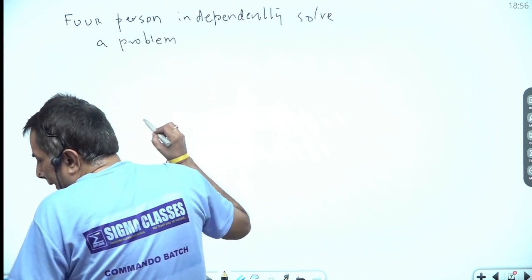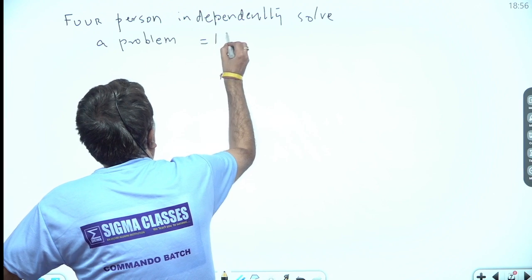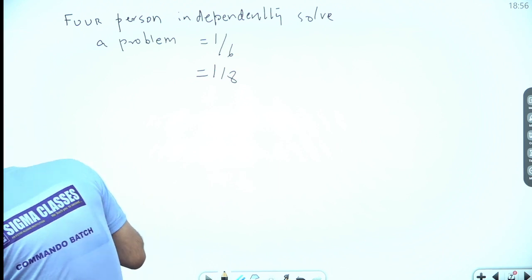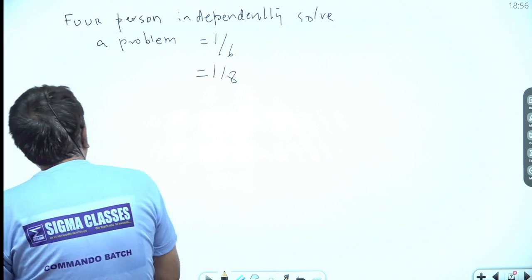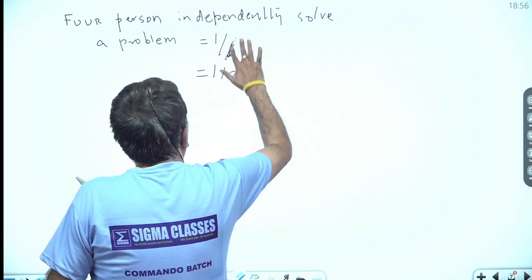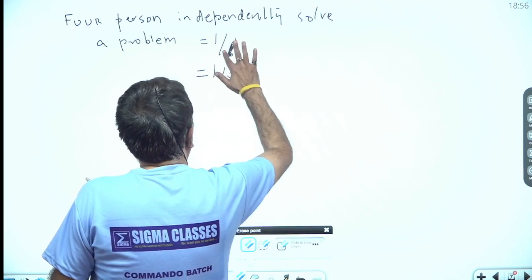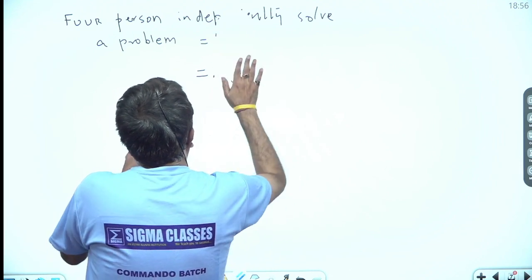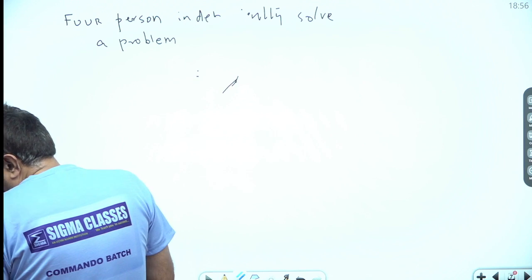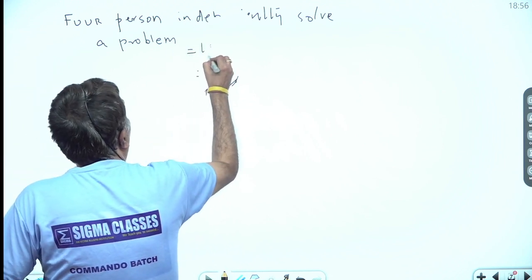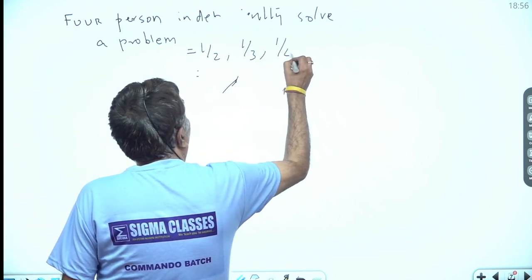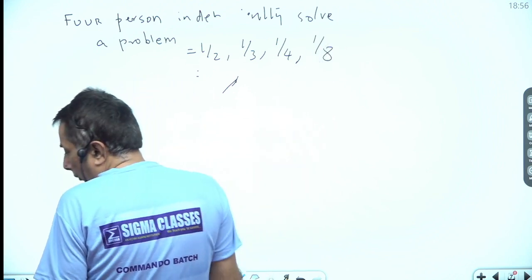Now the probabilities are given as 1 by 2, 1 by 3, 1 by 4 and 1 by 8.